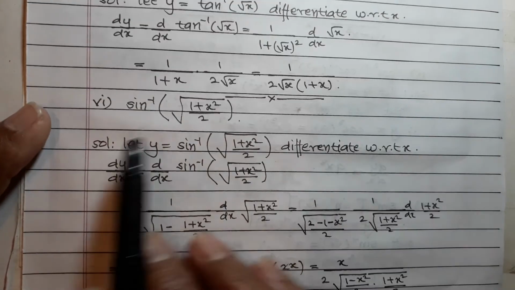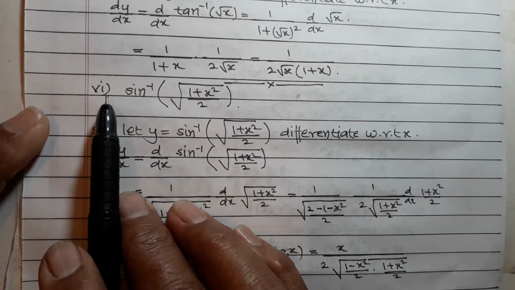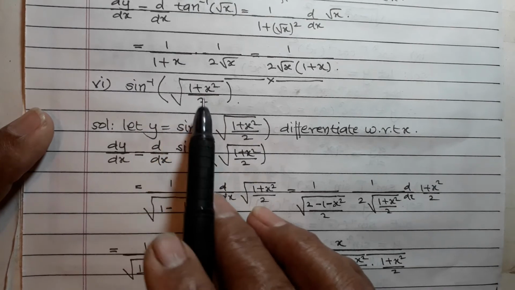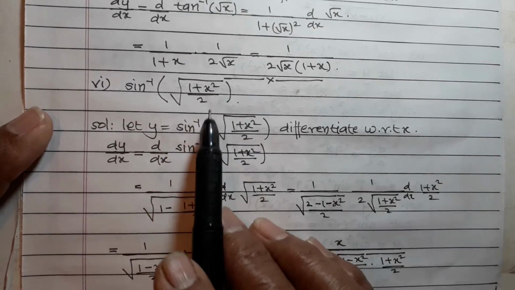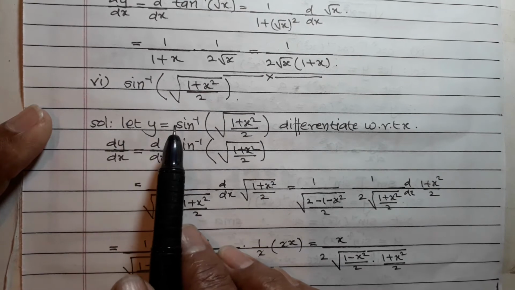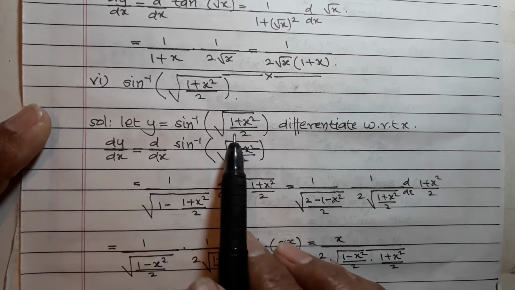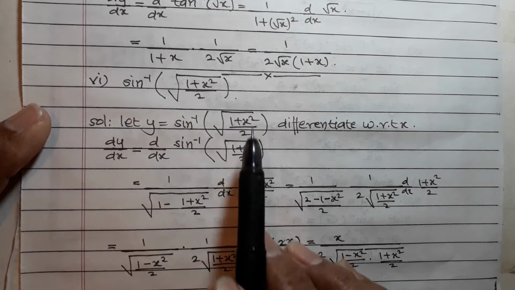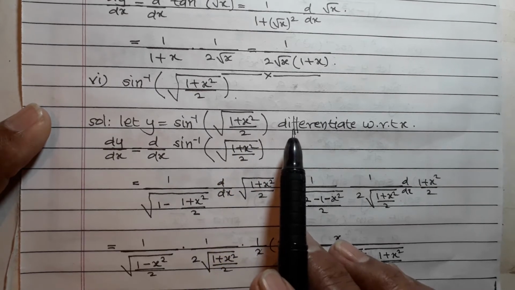Okay. Question number 6. Sin inverse root of (1 plus x square) upon 2. Let y is equal to sin inverse root of (1 plus x square) upon 2.